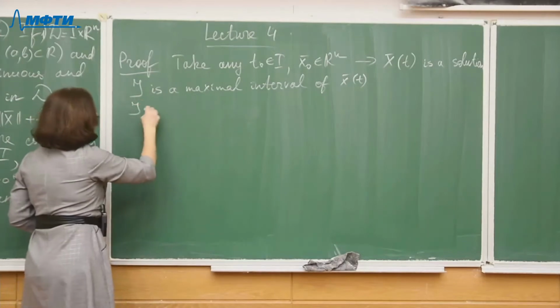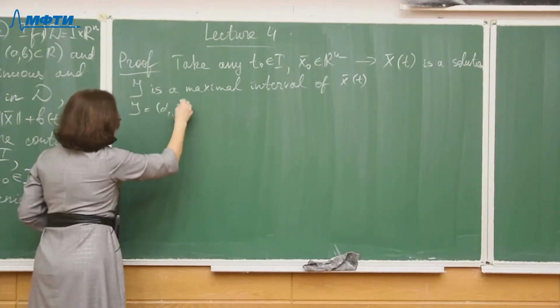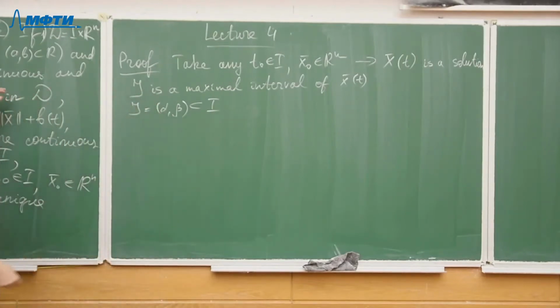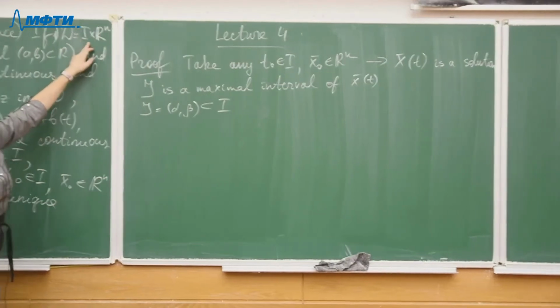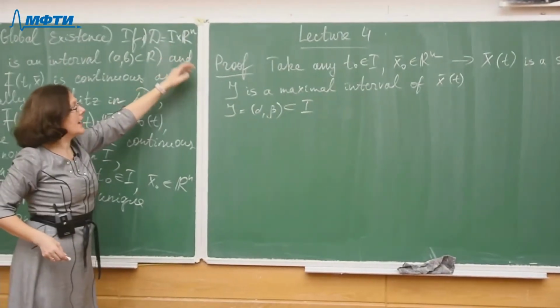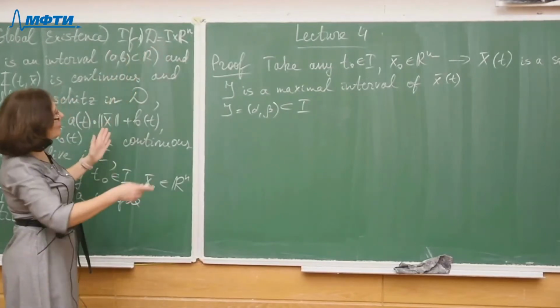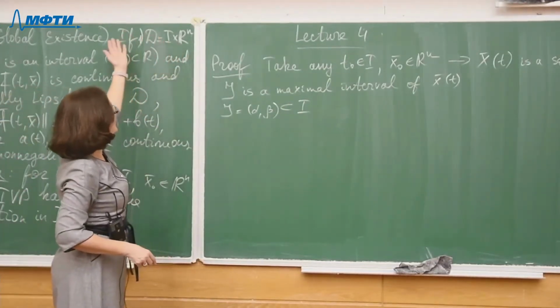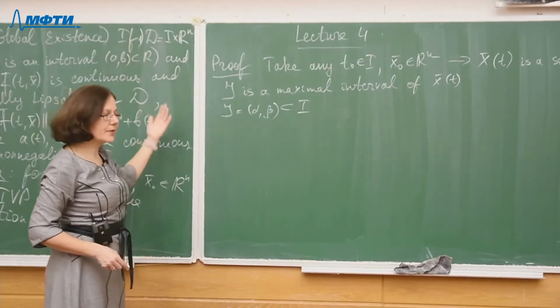Okay, let it be from alpha to beta. And it is a subset of I, of course, because we are inside D, right? So our function is defined only in the direct product of I and R^n.